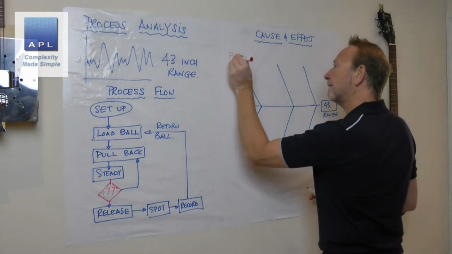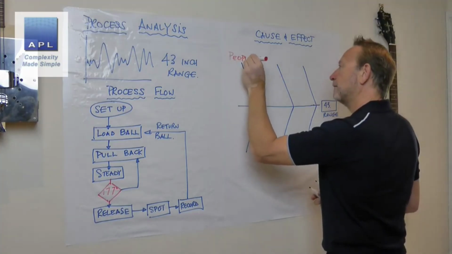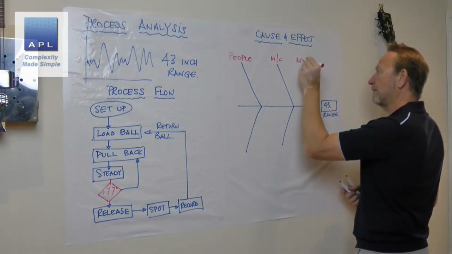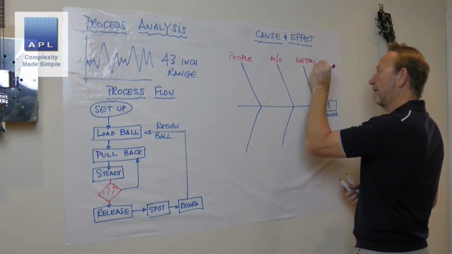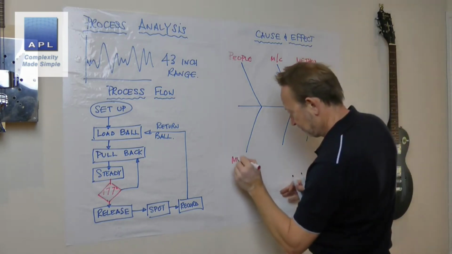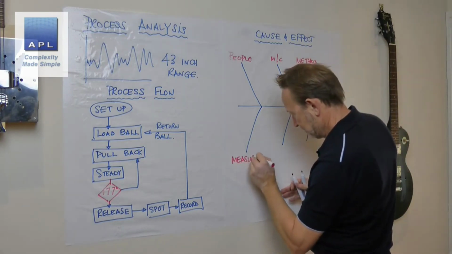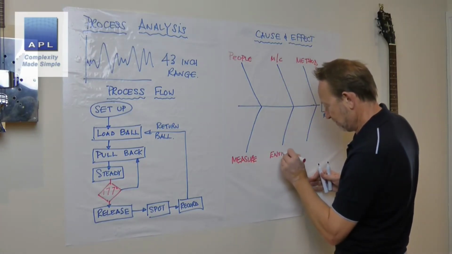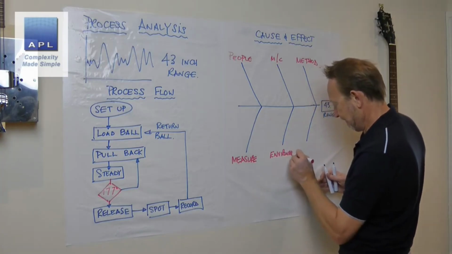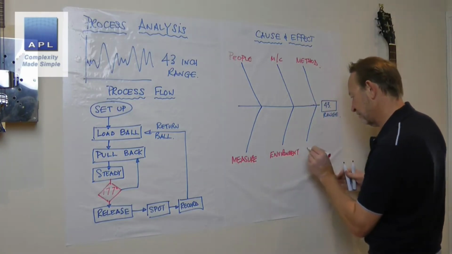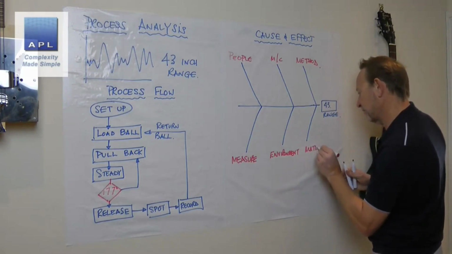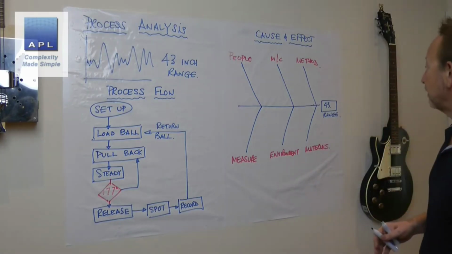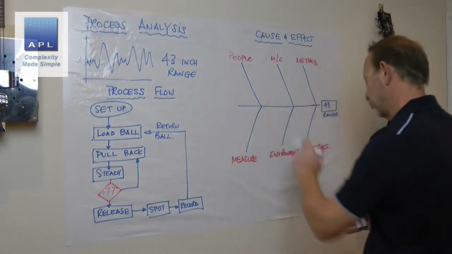The headings: people, the machine, the method, the measurement, the environment, and the materials.